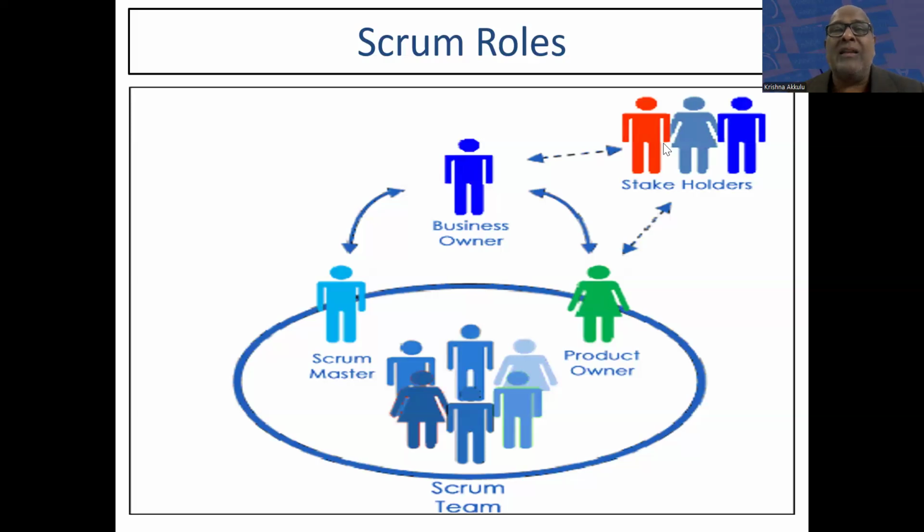But some organizations might have another role called business owner in between the Scrum team and the customer. I never came across it in my projects, but no issue. This person gives requirements to the Scrum team, and the team builds in coming sprints. Each role we are going to talk about, and their responsibilities, in coming slides.